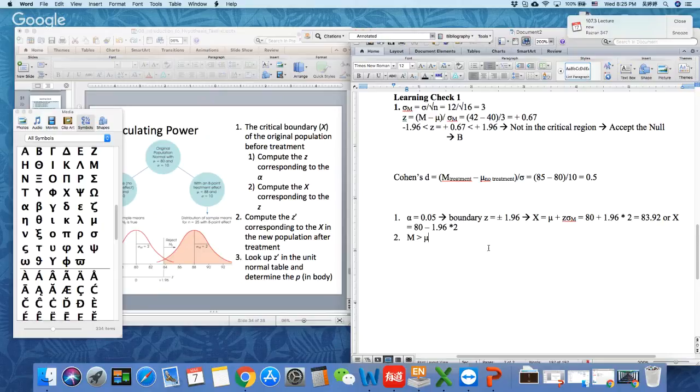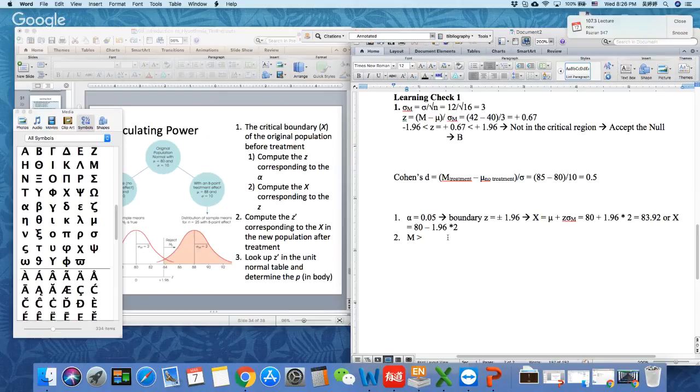And then we compute the z score corresponding to this boundary in the distribution after treatment.